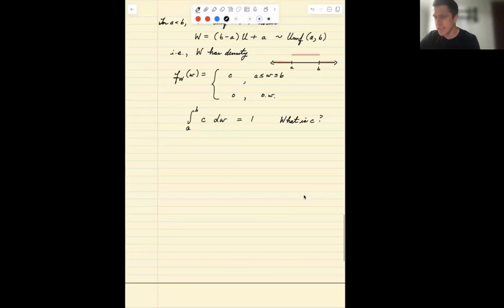Well, let's integrate this constant. How do you integrate a constant? The constant doesn't affect anything. This is going to just be C, the constant, times the width of the interval.